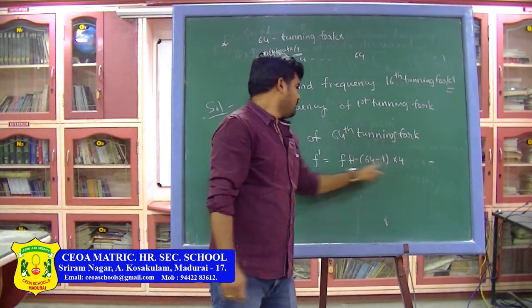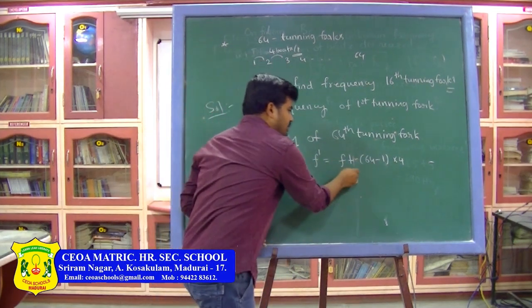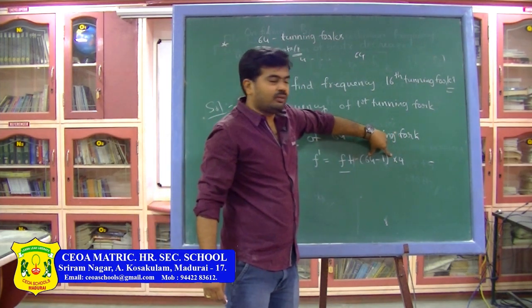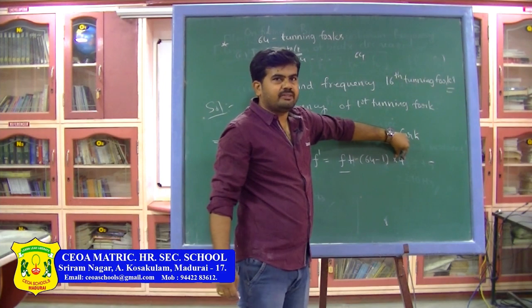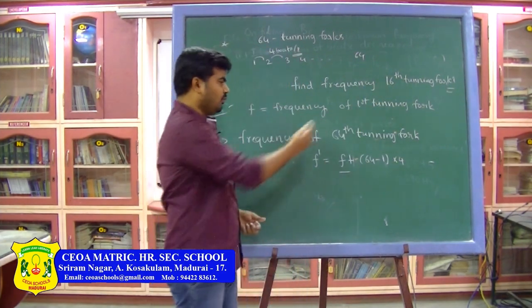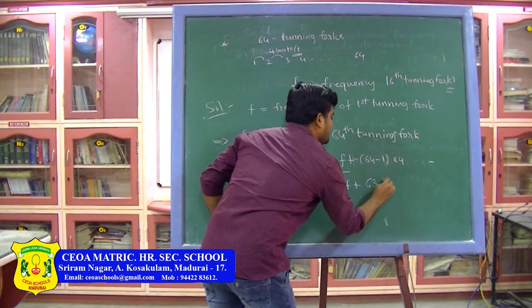So, f dash equals f plus 64 minus 1, that is 63, into 4.